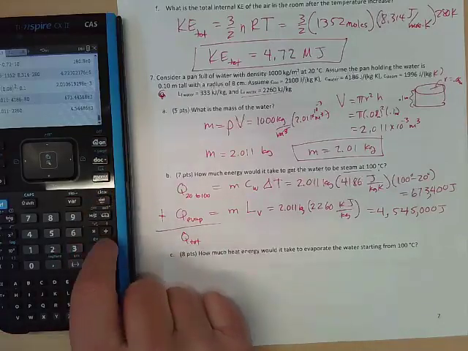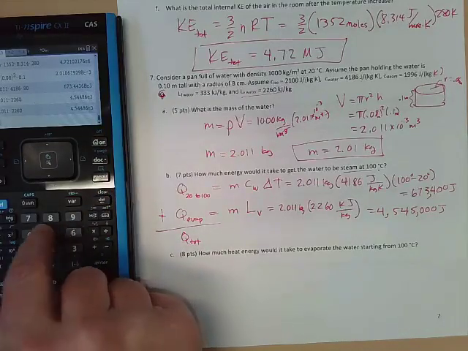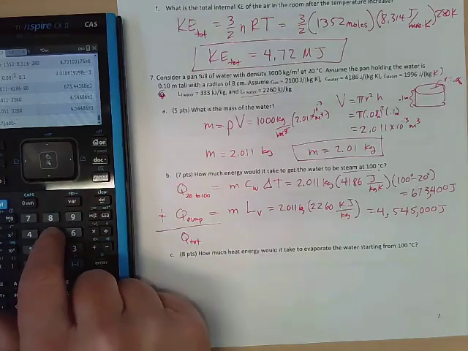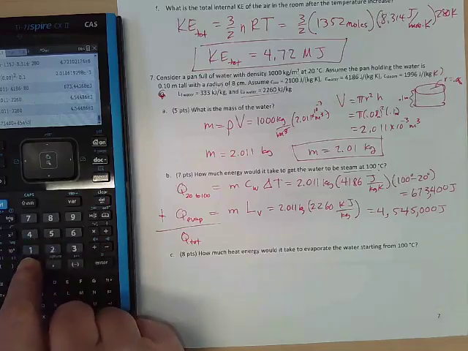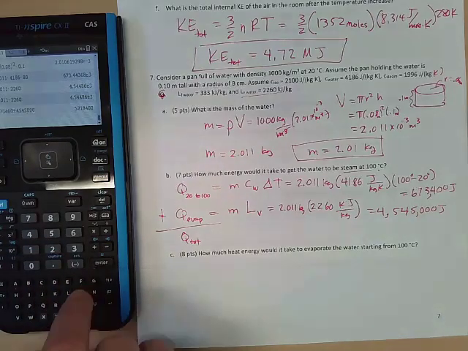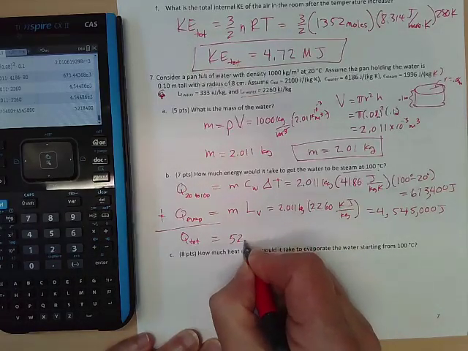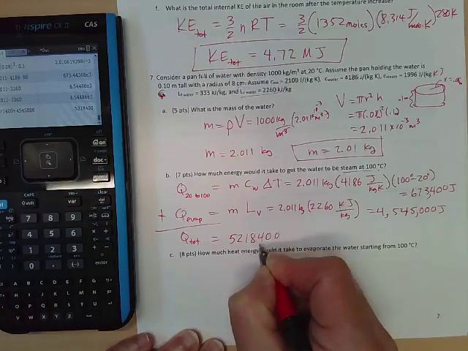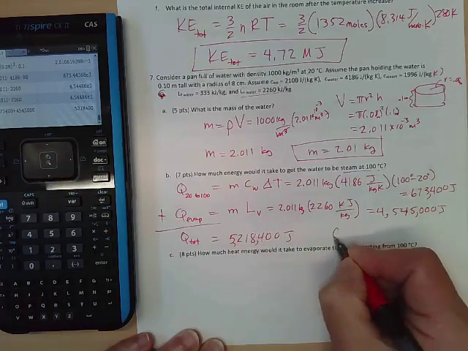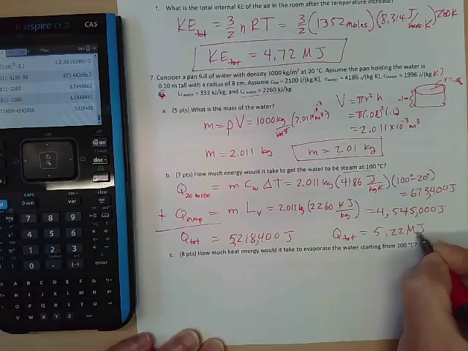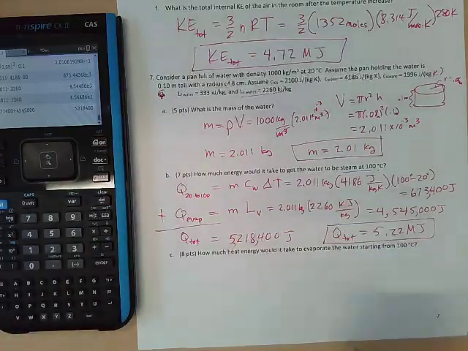So let's add these up. 673,400 plus 4,545. So Q total is 5218400 joules. Q total 5.22 megajoules. Okay. All right, we better stop there so I can get to class.